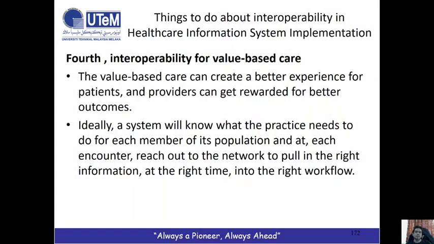Fourth is interoperability for value-based care. So we need to identify the value-based care. For example, the integration between medical management, from the doctor's room, order to the pharmacy, lab, radiology.